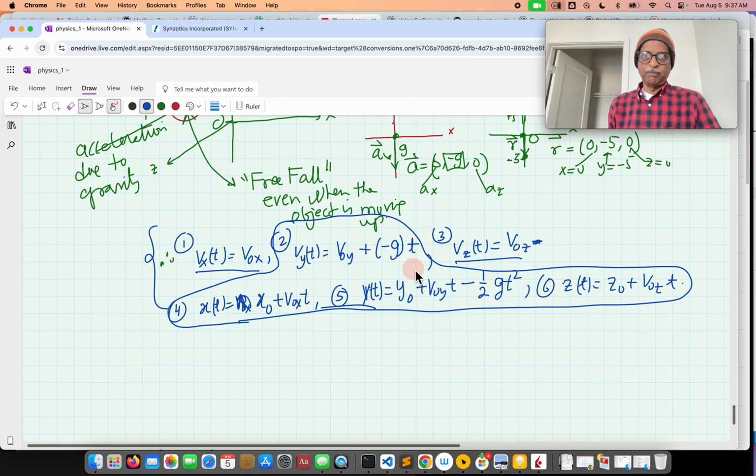For instance, you can get t from here and eliminate t. Often people suppress this functional notation.